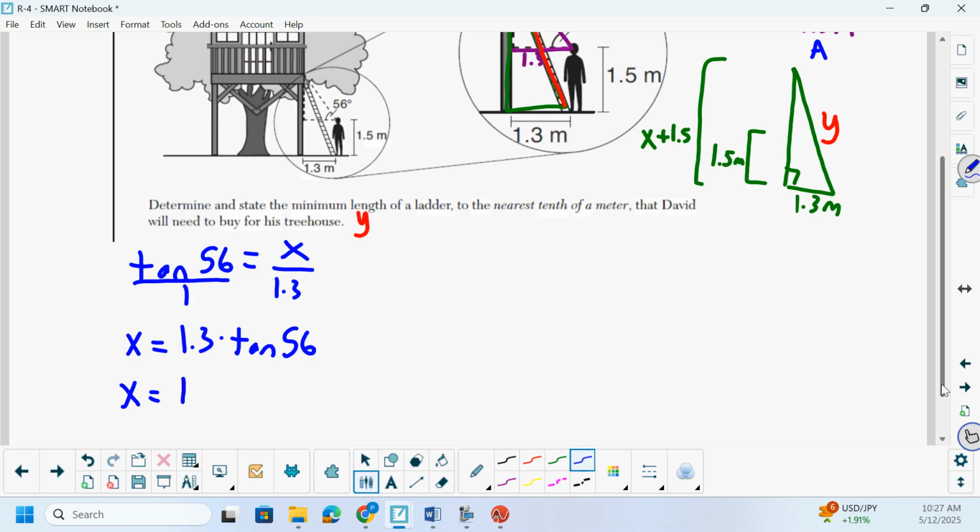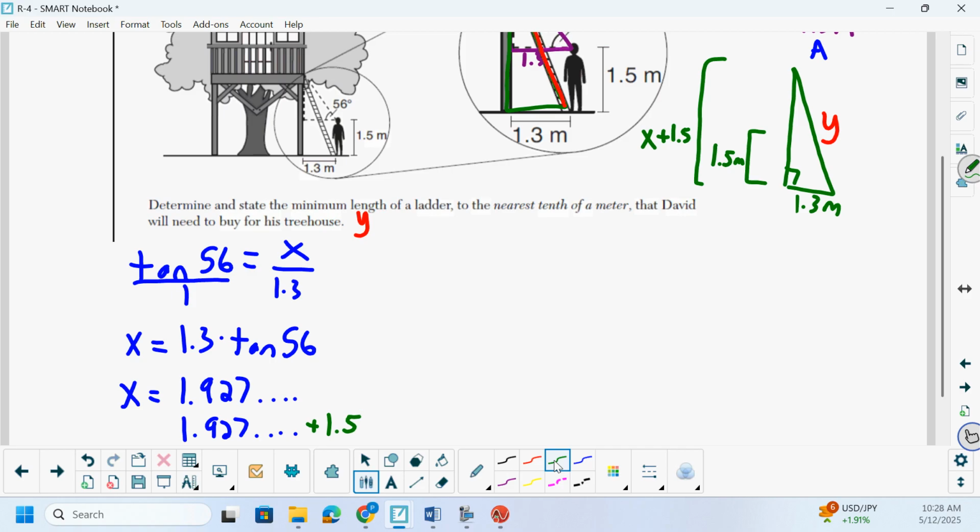So we should be getting 1.927 and change for that. Well, to get the vertical side in the green triangle, we want to add the 1.5 to that. Now notice this dot, dot, dot that I'm putting. That will signify to the grader that you're keeping the number all the way out in your calculator, which you want to do. You do not want to round any intermediate answers.